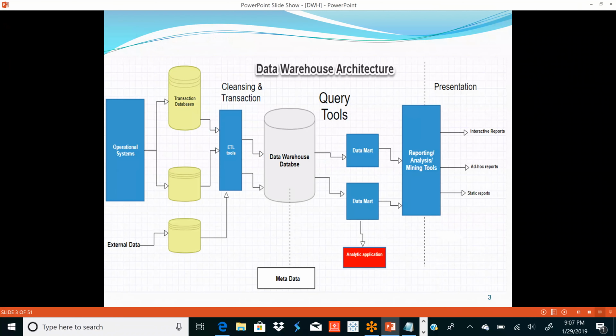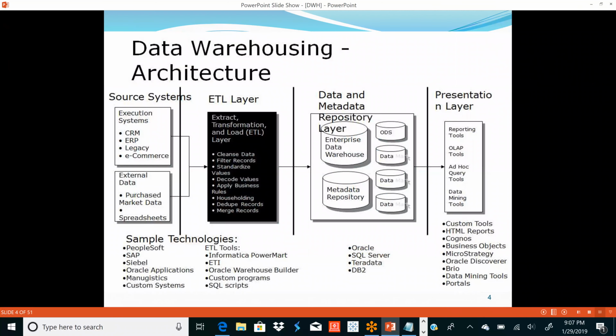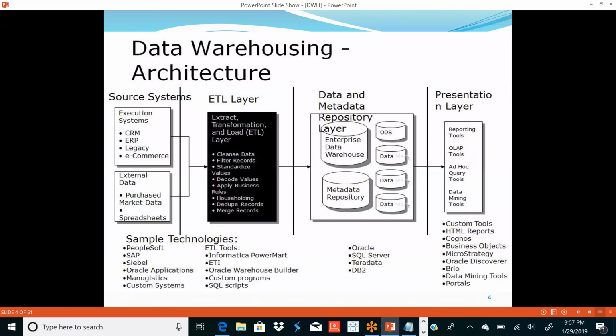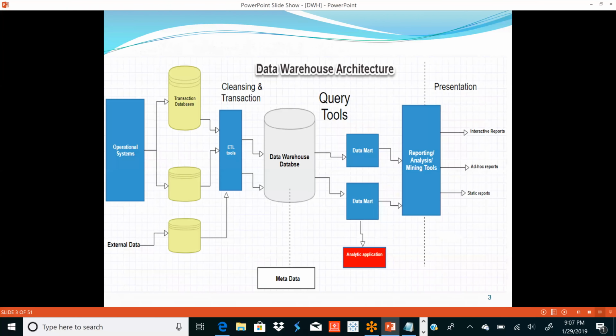So moving on to the data warehousing architecture. In this architecture we have two different things. One is a diagram, which is more informative. We'll try to understand these two diagrams to get a better understanding of data warehousing architecture in detail.